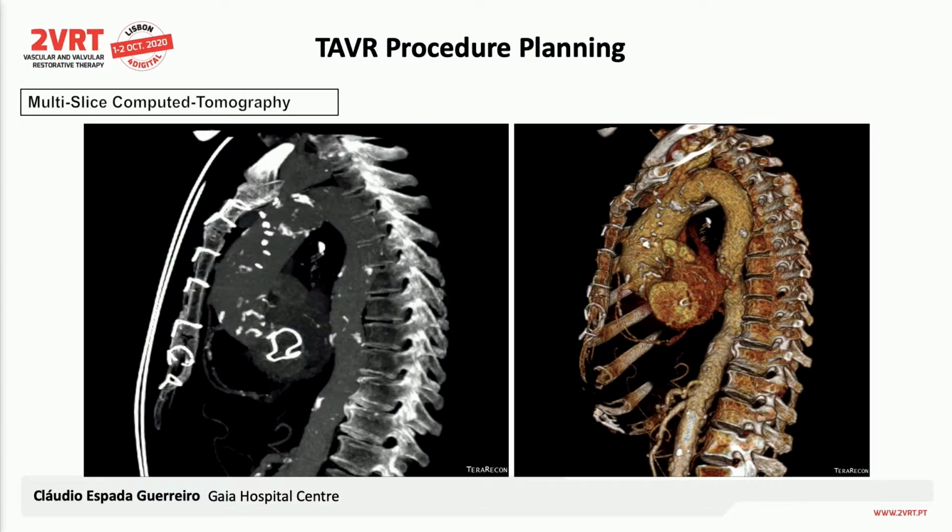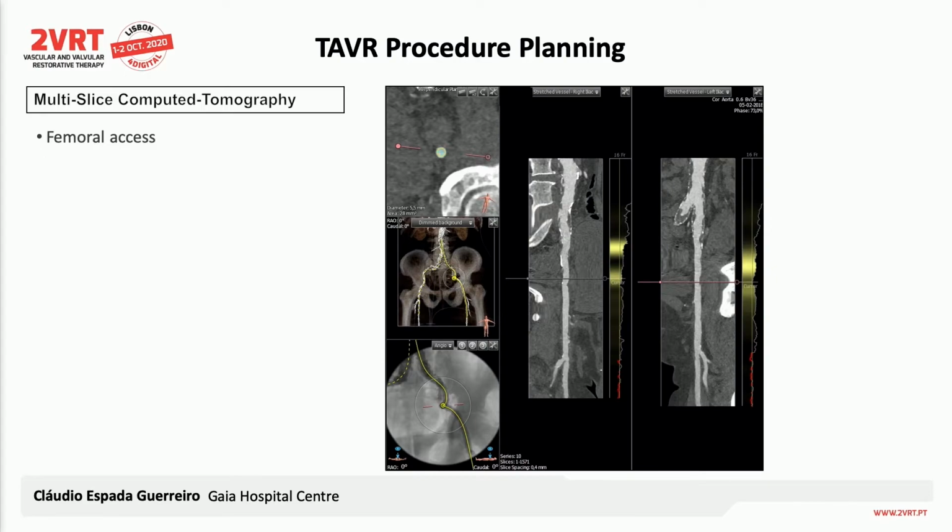Also proximally to the aortic isthmus, we can appreciate a calcified plaque, which could give us some trouble during the delivery system advancement. The femoral axis showed that the left femoral artery was more appropriate to the procedure, with less tortuosity and less disease, with a larger caliber to advance the delivery system.